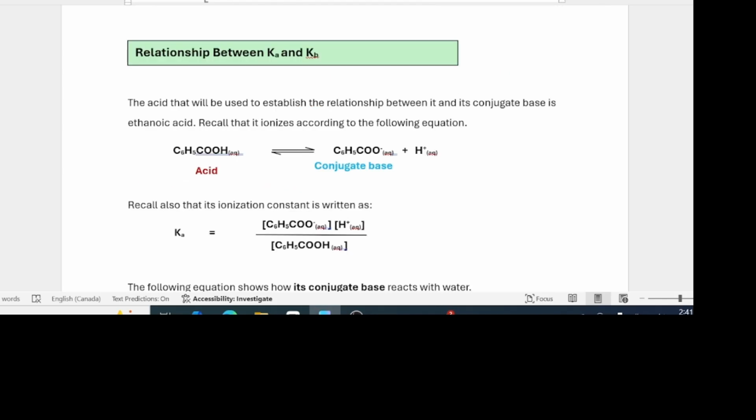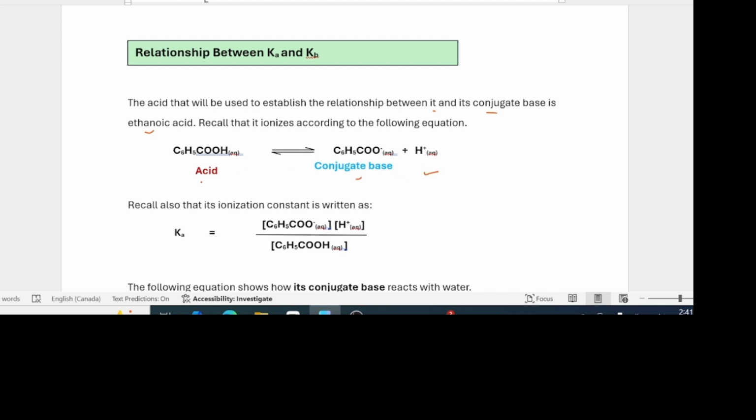Finally, we want to show you the relationship between Kb and Ka. So the acid that we will use to show the relationship between it and its conjugate base is ethanoic acid. So look at ethanoic acid and the way it ionizes in water. Ethanoic acid ionizes in water to give you ethanoate ions and hydrogen ions.